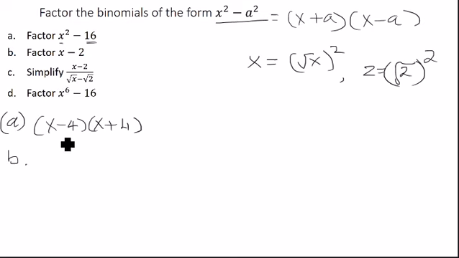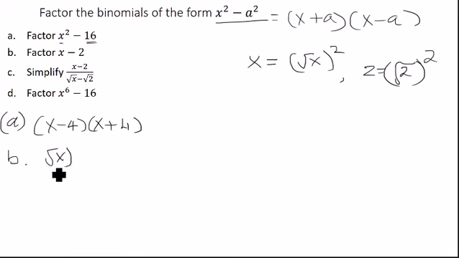So we have here x minus 2, so I'm going to put it in this format, x squared minus a squared type, or sometimes they call it a squared minus b squared type, so it doesn't really matter.